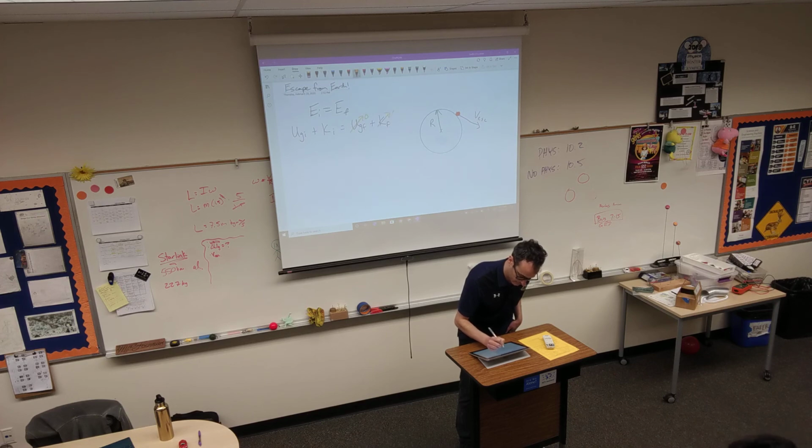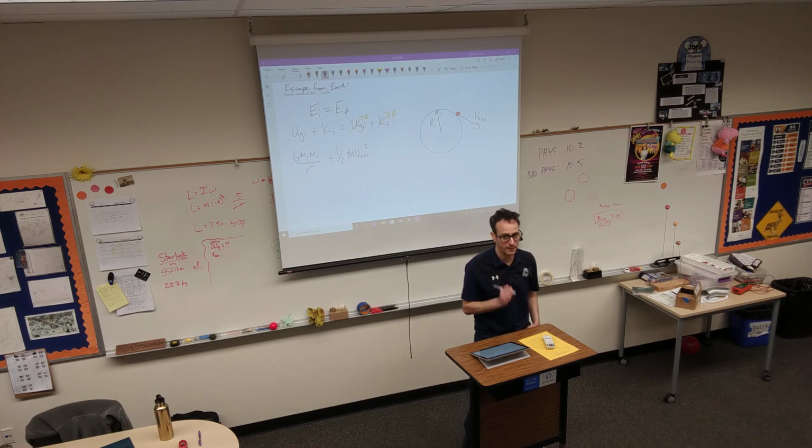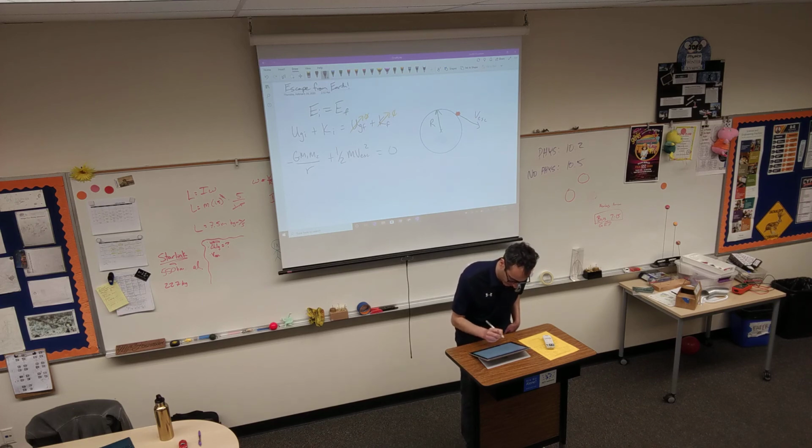So if you have gravitational energy like negative 60, then you have to have 60 of kinetic to cancel out. We have to do everything in the initial: 1/2 m v escape squared, and then big G M1 M2 divided by R, with a negative in front of it, equals 0.